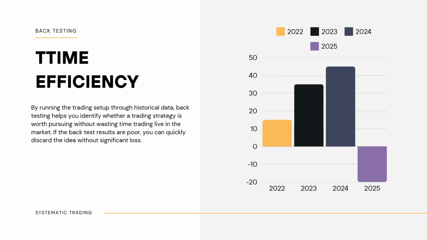A good trading setup, even if it is a long-only trading setup, should not lose a lot of the money which you have made in the last few years in the bull rallies. Yes, you will lose a little bit here and there, but it should be controlled. If you're losing a large part of it, then maybe you need to work on it. And this you will only come to know with the help of backtested data.